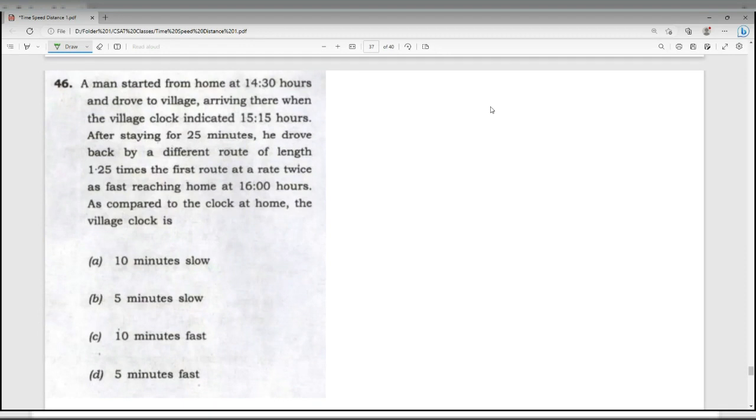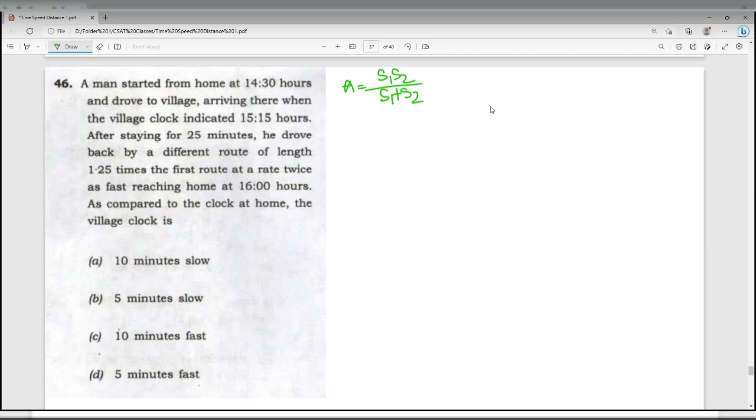See, normally what people do is they try to solve using the standard shortcut formulas. Normally, people use the average speed formula, S1 into S2 divided by S1 plus S2, where S1 is the speed in one direction and S2 is the speed in the other direction.